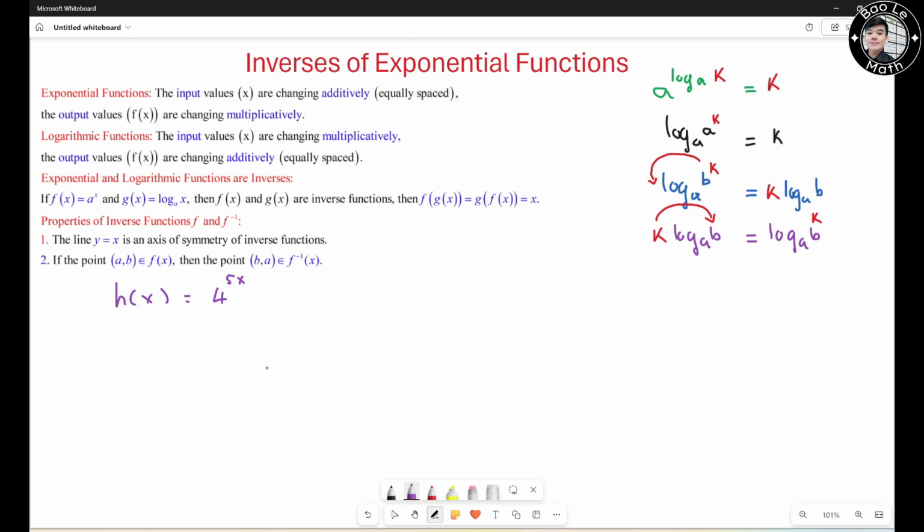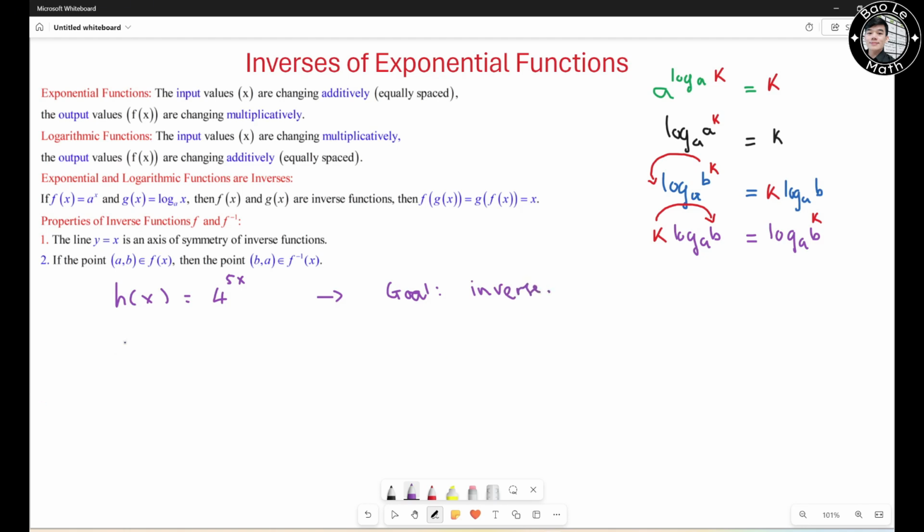Now let's move on to the next example. We need to find the inverse of this function. This is an exponential function, so by the definition, the inverse of this function must be the logarithmic function, right? So our goal is to find the inverse.